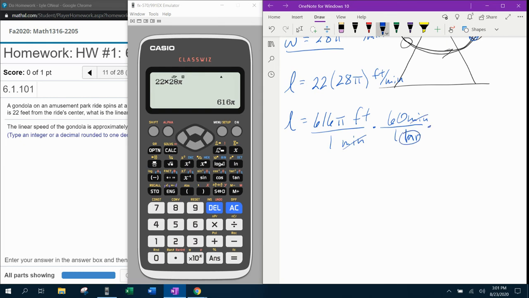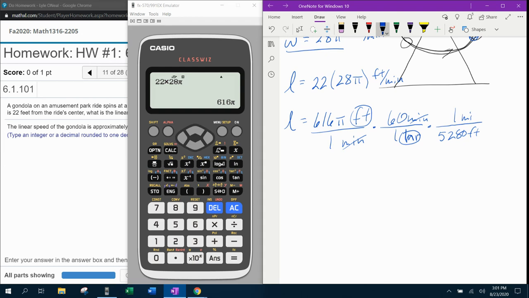And so now I've got the time unit I wanted. Now I need to get the length unit I need. So does anybody know how many feet are in a mile? 5,280 feet in a mile.